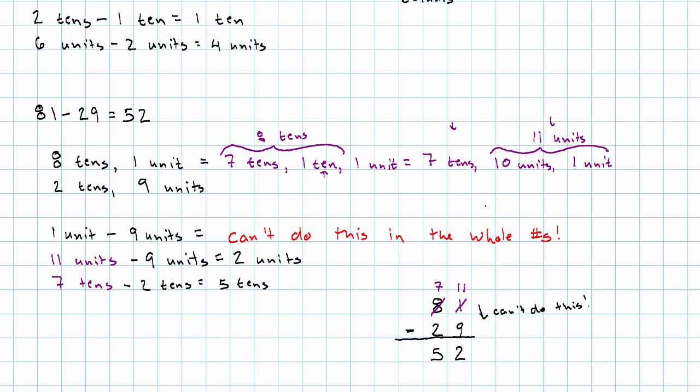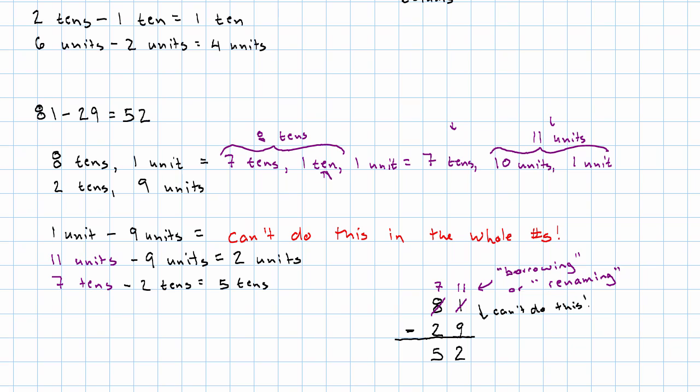This step, where we split up one of our tens into units, this step is called borrowing or renaming. Notice that renaming is the same word that we used in addition, right?